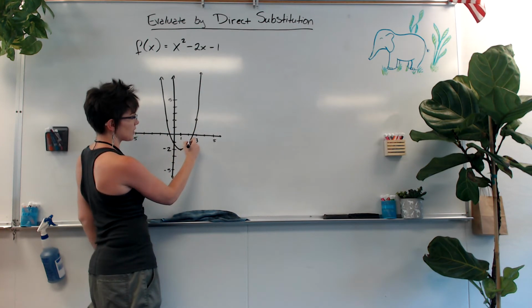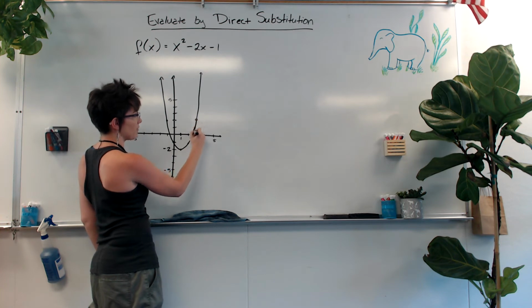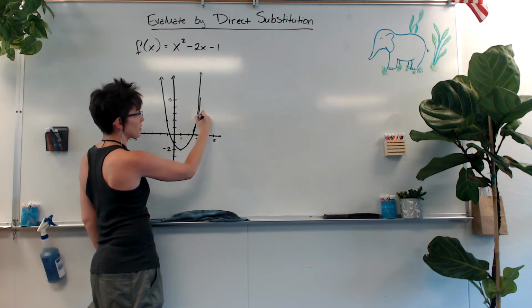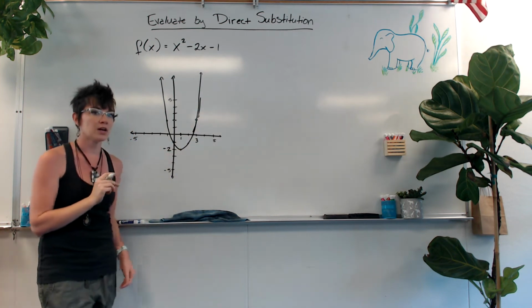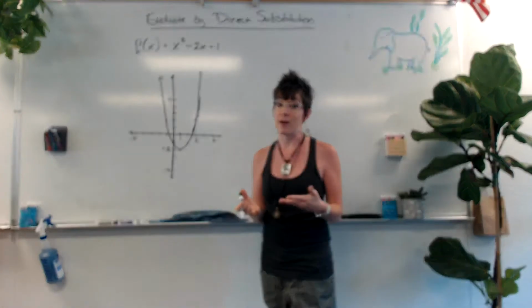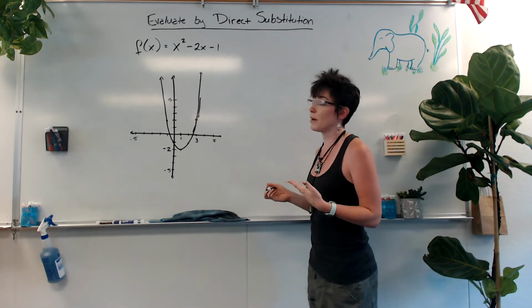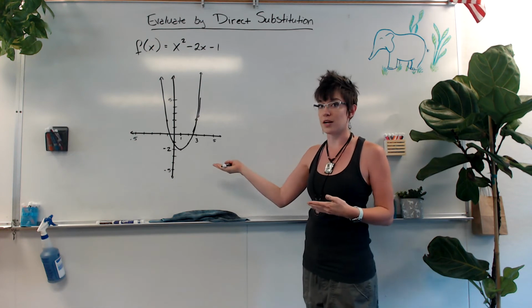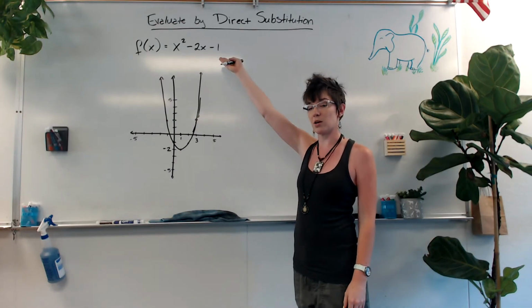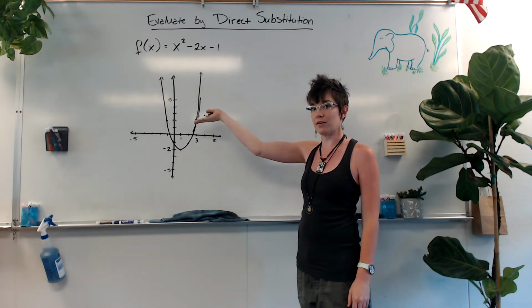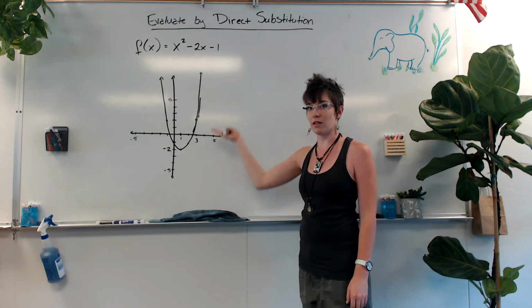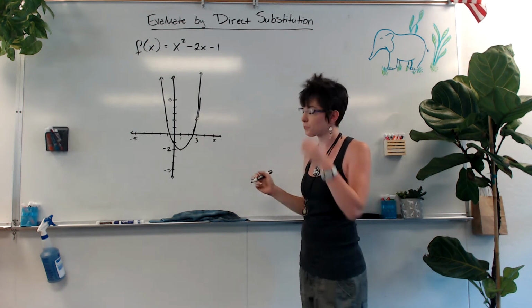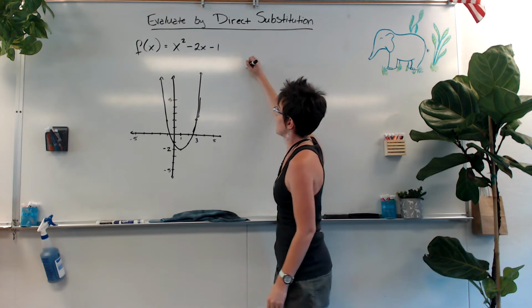From the left-hand side, the function approaches that value, and from the right-hand side, the function approaches that value. So for well-behaved functions, if I want to know the limit as x approaches 3, I can just plug it right into my equation, get the y value, and it's always going to follow that behavior. So let's do a couple of examples.